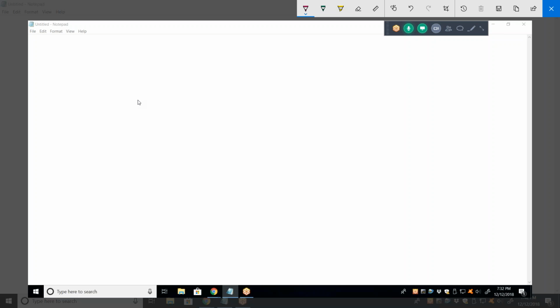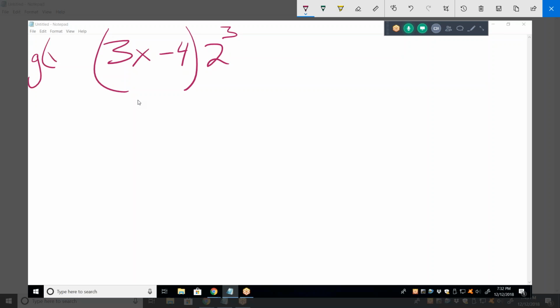The next one just wants the function to be simplified to standard form. That's 2x is equal to 3x minus 4, all in closed parentheses, and then to the third, or cubed. Like that? Let's double check.